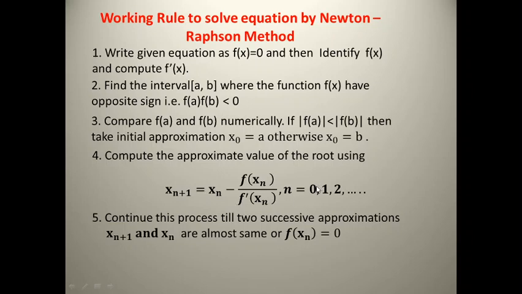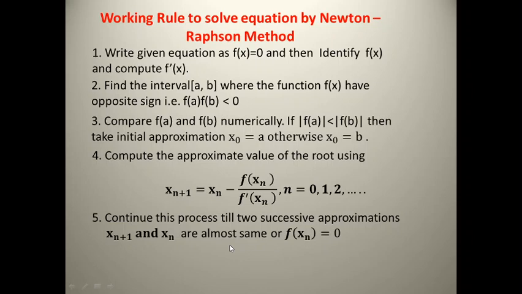Put n equal to 0, you will get the first iteration. Put n equal to 1, you will get the second approximation to the root. Continue this process till the root is obtained to the desired degree of accuracy. This can be checked in two different ways. Either compare two successive approximations; if they are almost equal, it means the root is obtained.